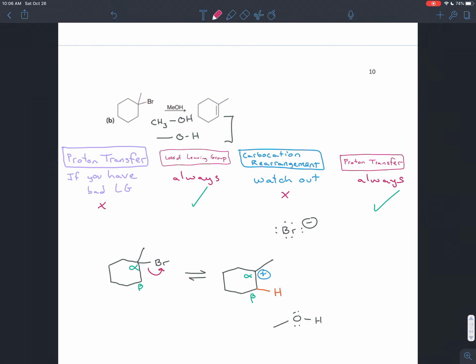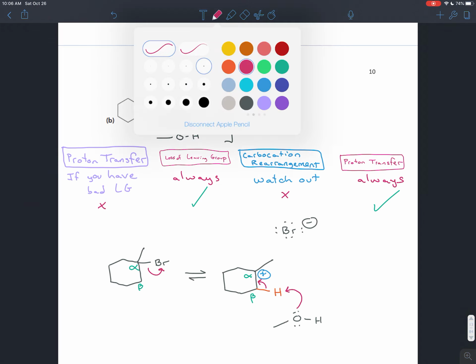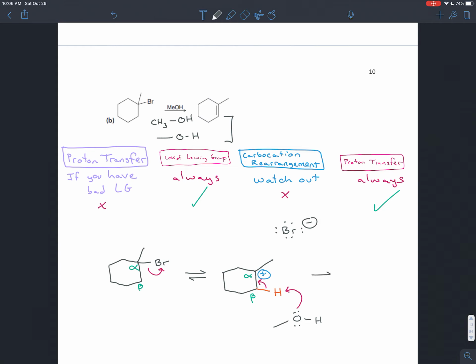So it doesn't take a large tug. The slightly negative oxygen can tug on that hydrogen, and these electrons are already being pulled toward the positive charge, so it just takes a small tug, and there you get that proton transfer. The methanol steals the H+, and the electrons that were keeping the hydrogen on the molecule go toward the positive charge, the carbocation.